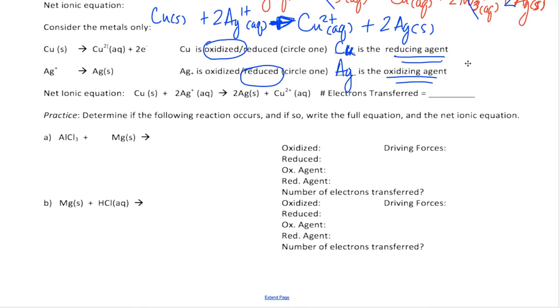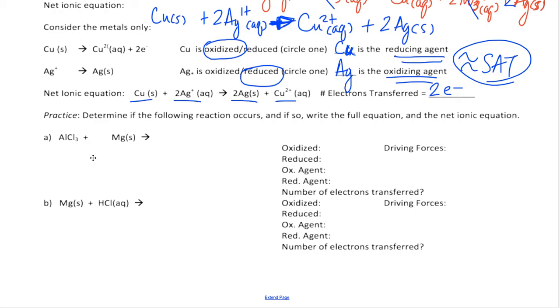It might be on the SAT, maybe on the SAT Chem. I'm not sure if they still have it on there. The net ionic equation, the Cu and the 2Ag plus. Now, this is the net ionic equation. We're going to have 2 electrons transferred in total because the copper is going to lose 2 and the silver is going to gain 1, but there's 2 silvers.